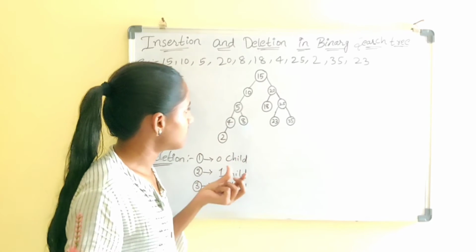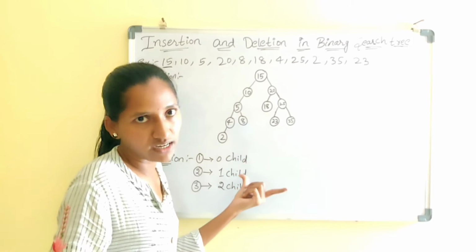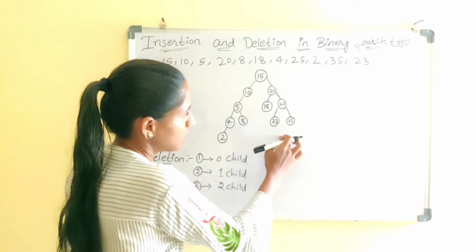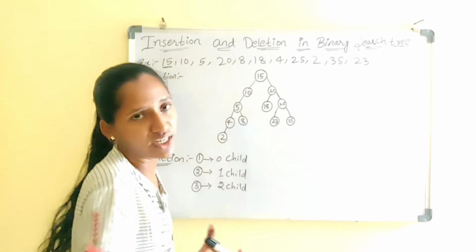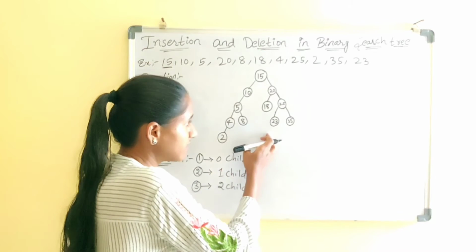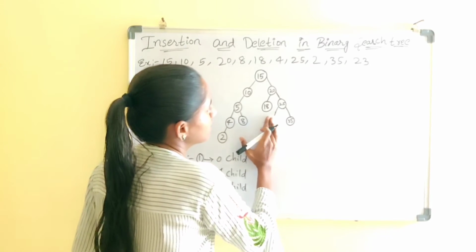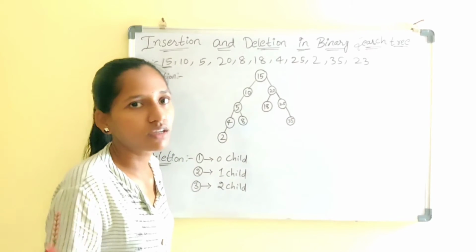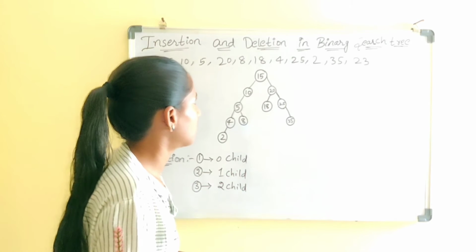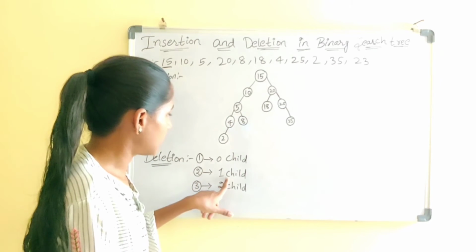If we consider 23, 23 has no child. So if we say delete 23, 23 having no child, we can simply remove it. There is no big deal in this. In the second condition, 1 child.